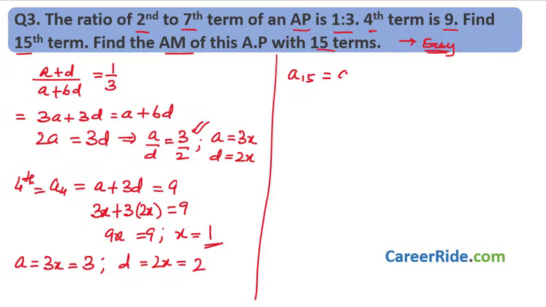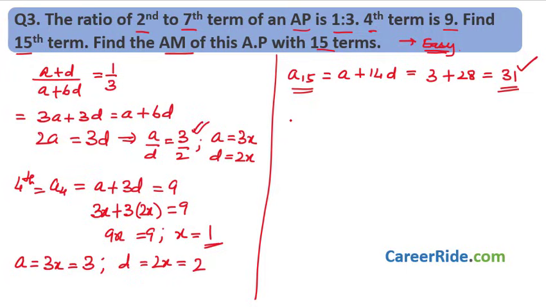So I know that this is equal to A plus 14D, right? So this is equal to the value of A is 3 plus 14 into 2 is 28. This is equal to 31, which means my 15th term is 31, right?